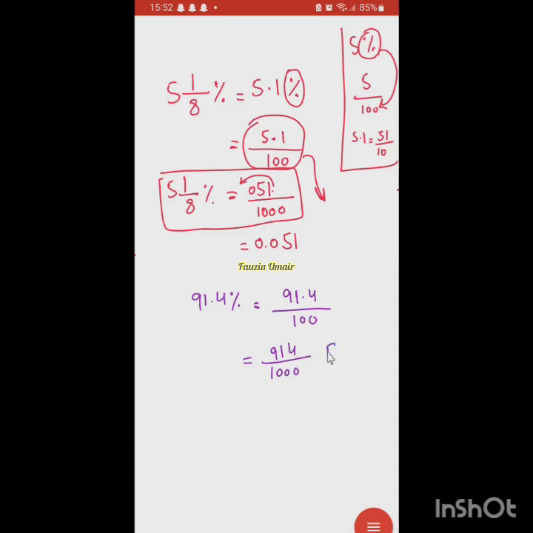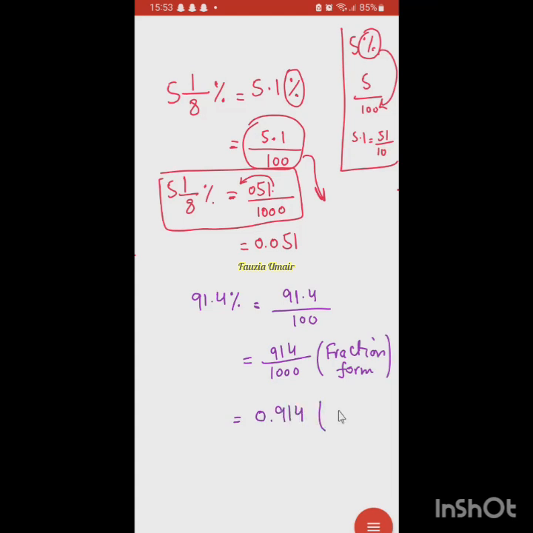So this is your fraction form. Is it clear? Now what would be the decimal form? Ma'am, we can move the point backward 3 places. So the answer is 0.914.